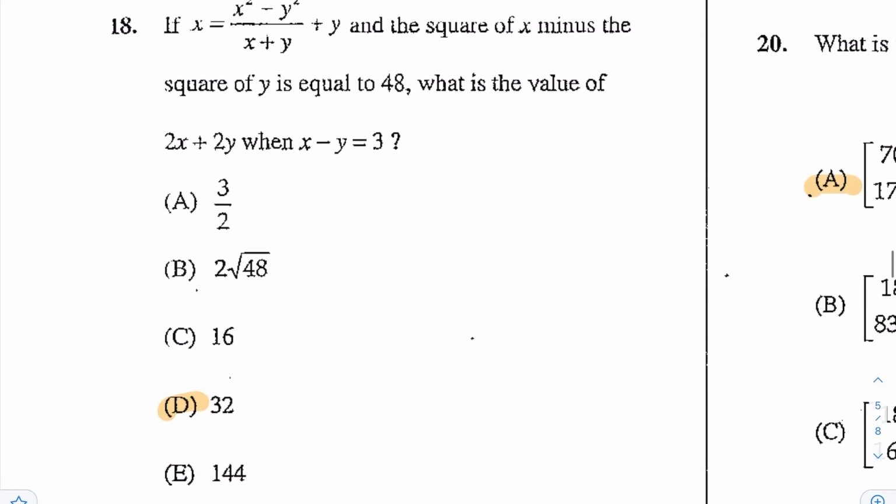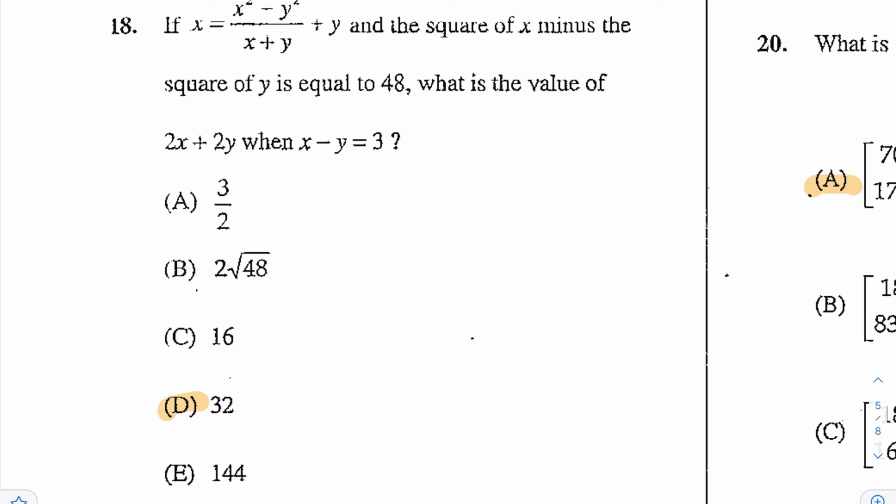All right, next for number 18, if x is equal to (x squared minus y squared) divided by (x plus y), and the square of x minus the square of y is equal to 48, what is the value of 2x plus 2y when x minus y is equal to 3? So here, you know that x is equal to (x squared minus y squared) divided by (x plus y).